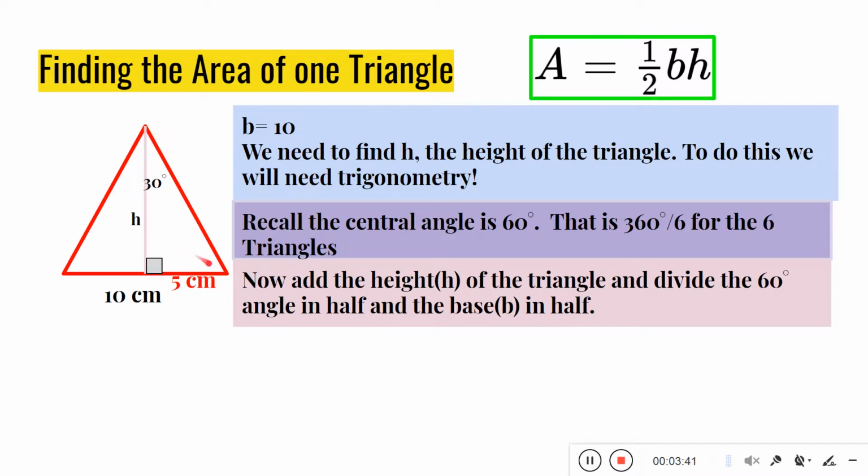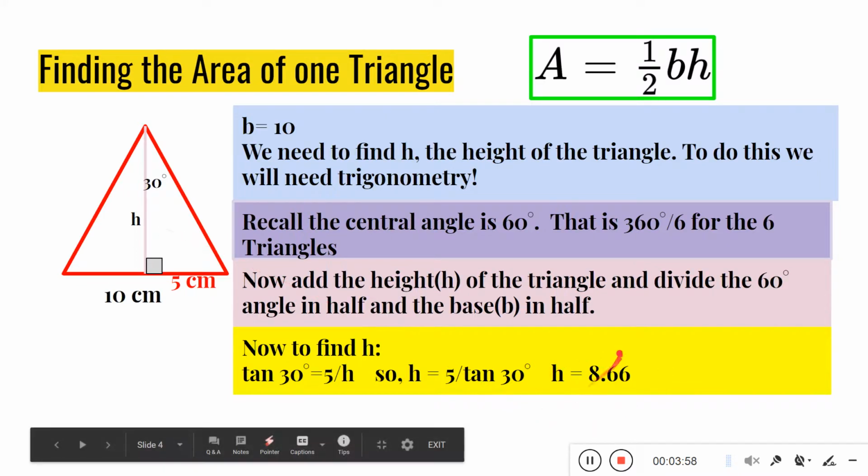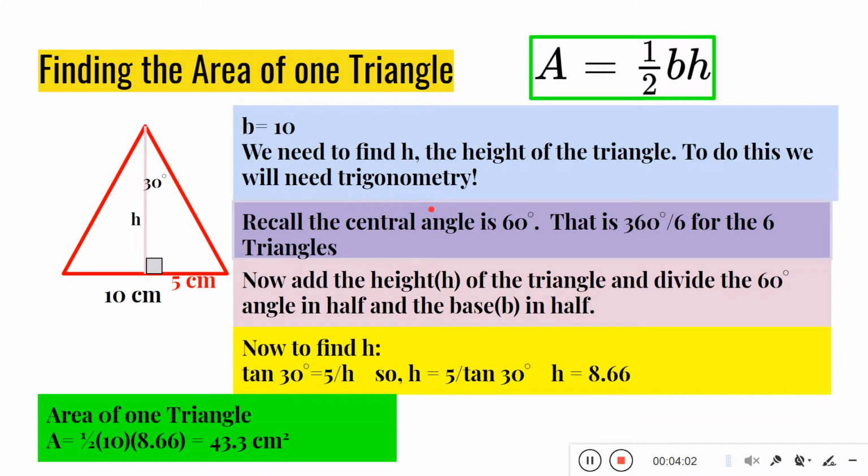Now we look at this right triangle, and we use trigonometry to figure out what the height is. So we say the tangent of 30 degrees is opposite, which is 5, over adjacent, which is the height. That gives us a height of 8.66. So now the area of one triangle is 1/2 times the base of the triangle, which is 10, and the height of the triangle, which we calculated to be 8.66.